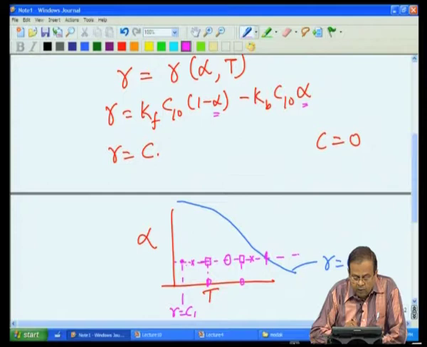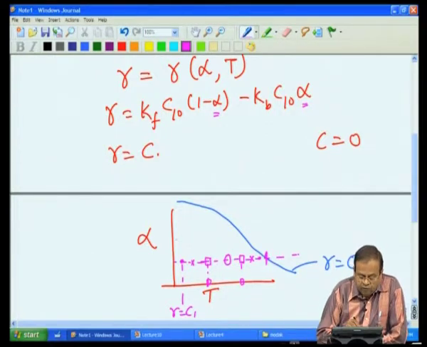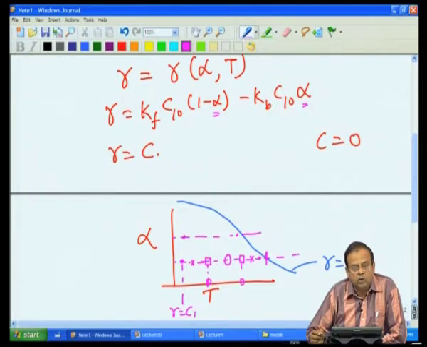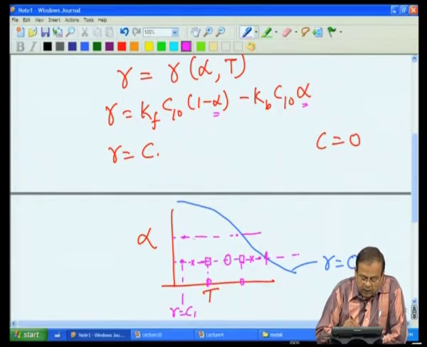So, we have an increasing rate and then a decreasing rate, and it will go to 0 at this particular point. Now, I can repeat the same exercise for a different value of alpha, and once again I will find that I will have some temperature at which the rate is the same as this, and once again the same argument.